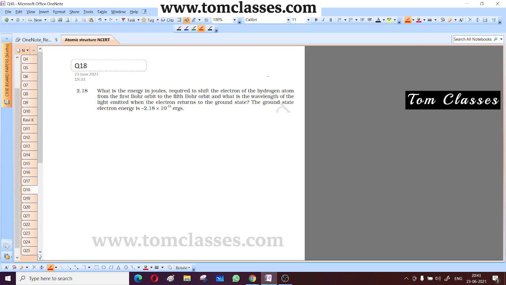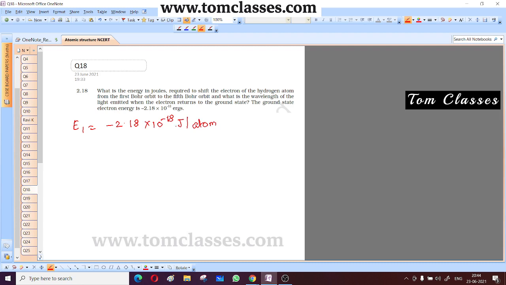Okay, the ground state electron energy is given in, you can say, ergs, that is in the centimeter, gram, seconds system. So it is in that unit. So better that we use the known result in joules. So E1 is minus 2.18 into 10 to the power minus 18 joules per atom.